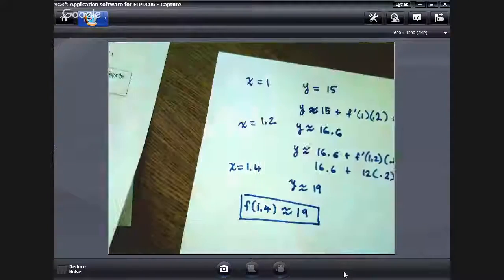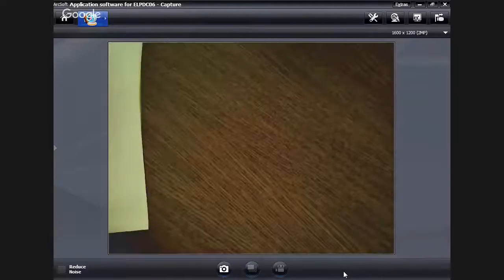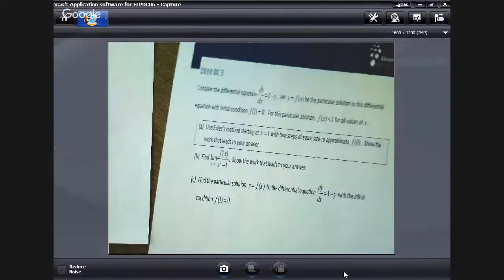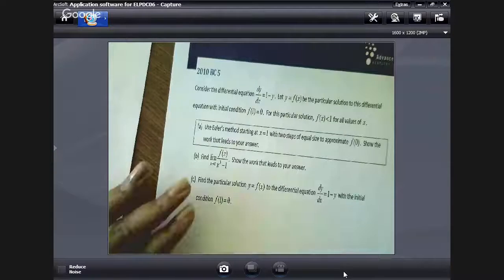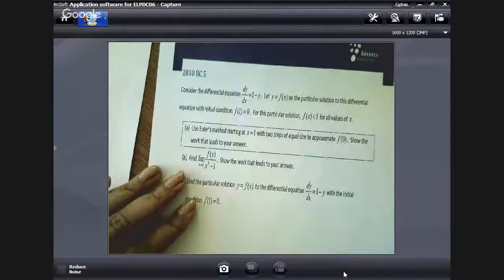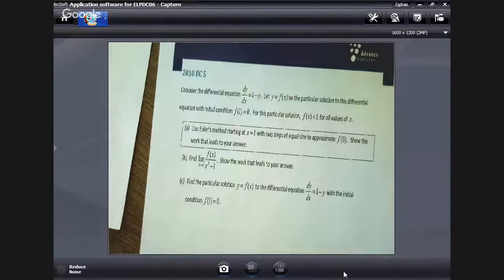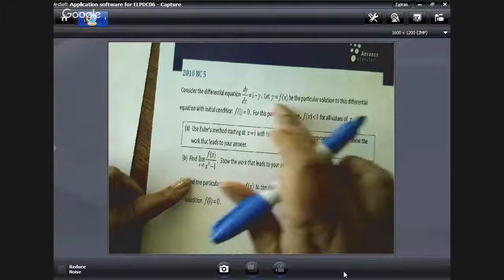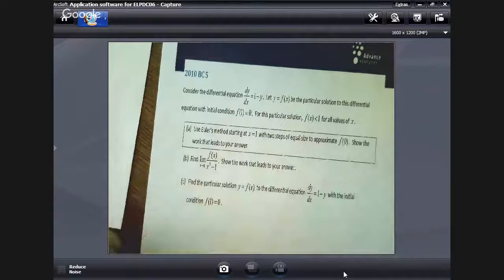I'll do one more example of Euler's method before moving on. This one's from 2010, and it's from number 5 on the AP Calculus BC exam. We have a new differential equation, dy dx is equal to 1 minus y. And they tell us the stuff about the particular solution. This is pretty much the language that they're going to use every time.